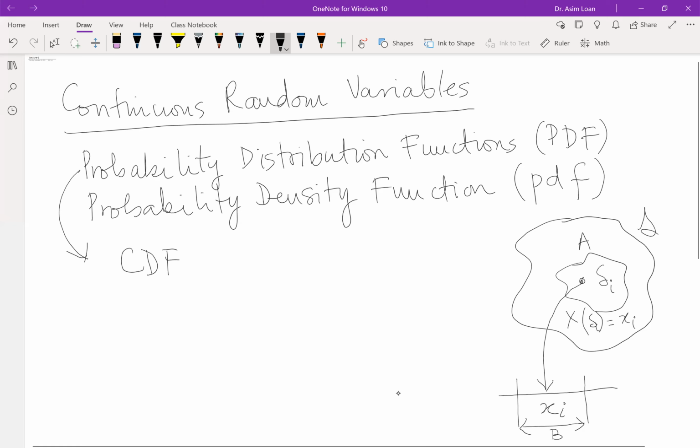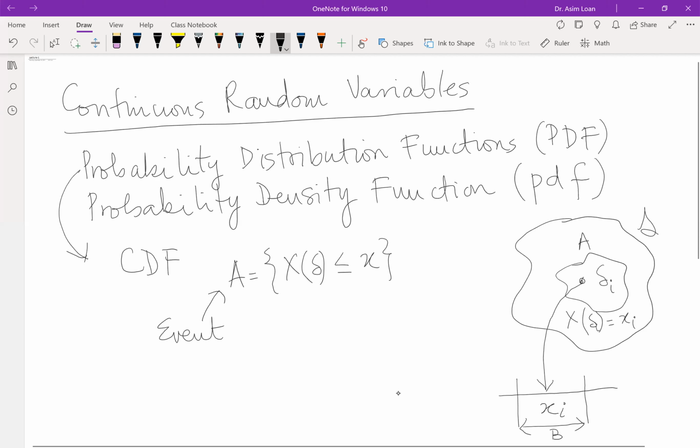So the event that we are interested in is X less than or equal to x. You have actually dropped X of delta, so let me write X of delta just once, and then we'll drop it again. So X of delta less than or equal to x is some event A. Obviously you know from axioms that you assign probabilities to events.